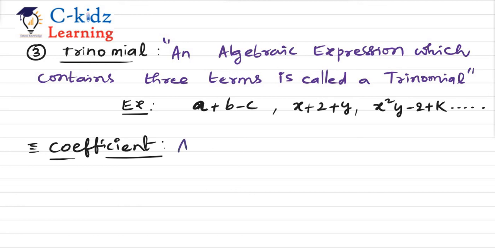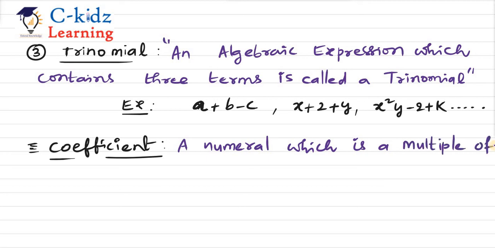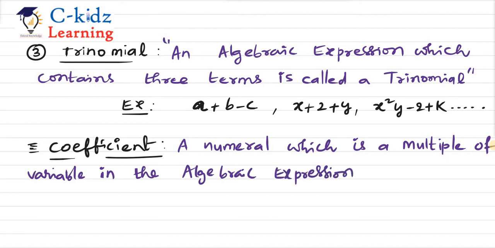A numeral which is a multiple of a variable in the algebraic expression is called a coefficient.